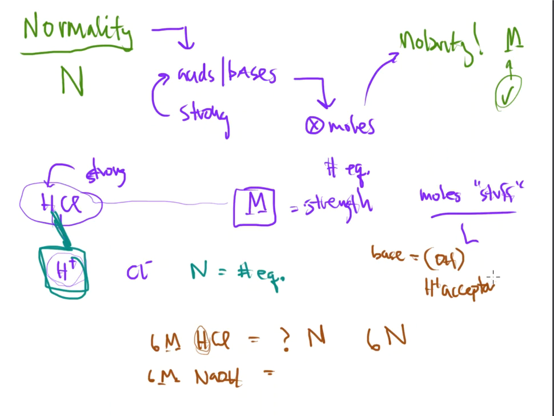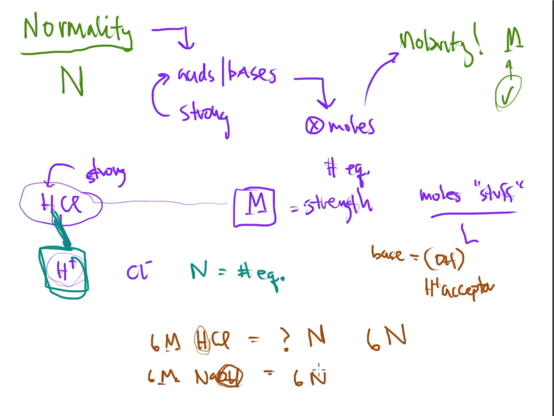But looking at the OH content typically will give us the right answer every single time, as long as it has an OH present. So a 6 molar NaOH solution, well, there's just one group of OH there, right? That's it, just one. For every molecule of NaOH, I get one group of OH only, right? So a 6 molar NaOH is also a 6 normal NaOH. It's as easy as that.